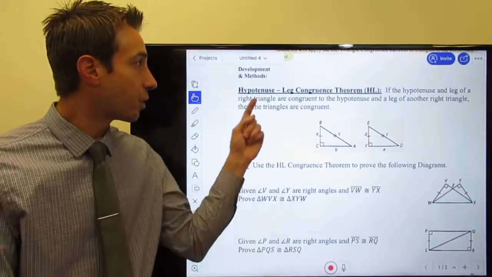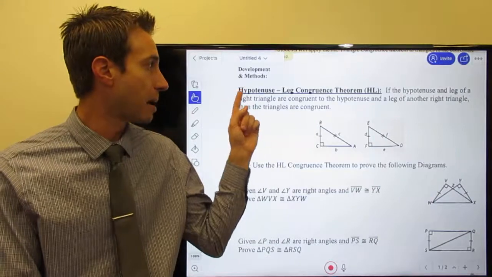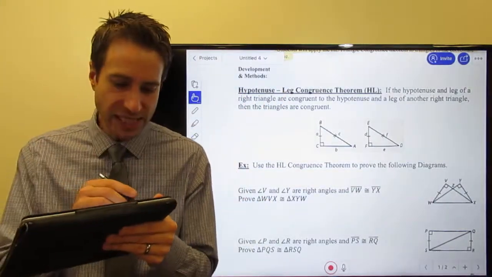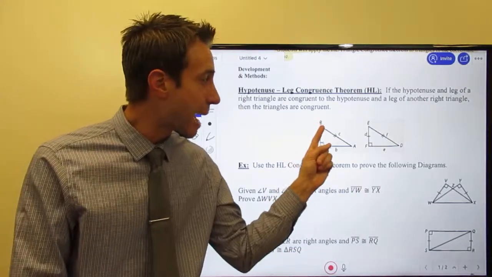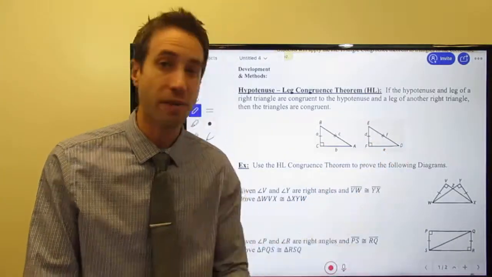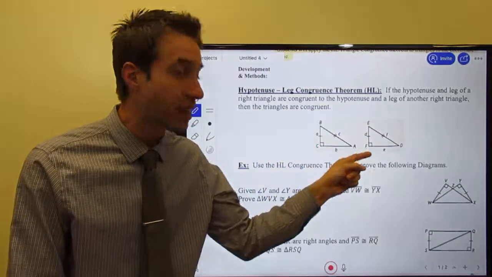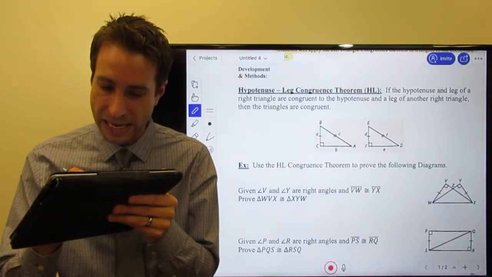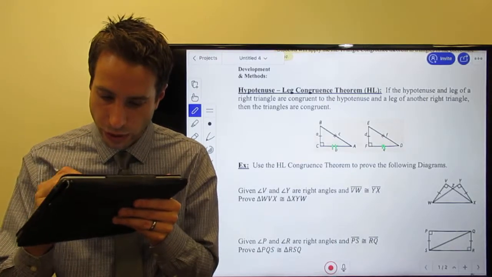HL simply stands for hypotenuse leg congruence theorem. That's where HL comes from. H from hypotenuse, L from leg. Here's the way it works. What this is saying is if you can prove that the hypotenuse of one triangle is congruent to the hypotenuse of another triangle, and if you can show that one of the legs, and it doesn't have to be this leg, it could also very well be the other pair, oh, sorry, I need 3 dashes, I apologize.